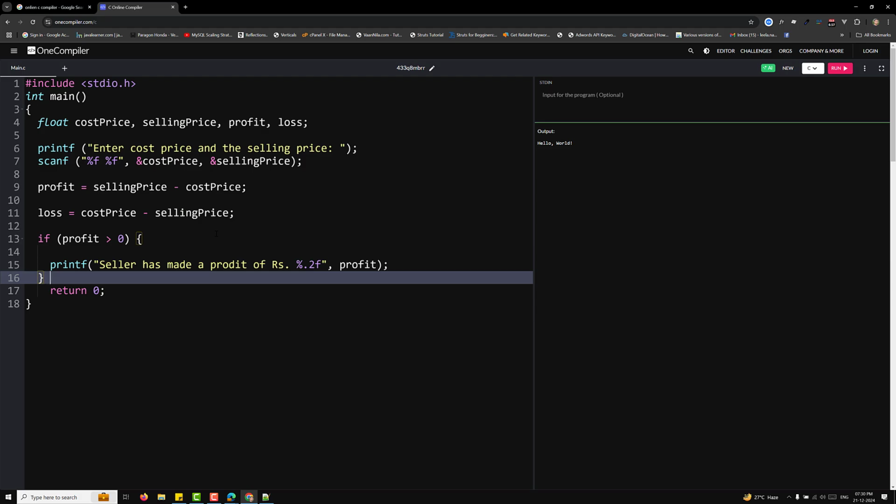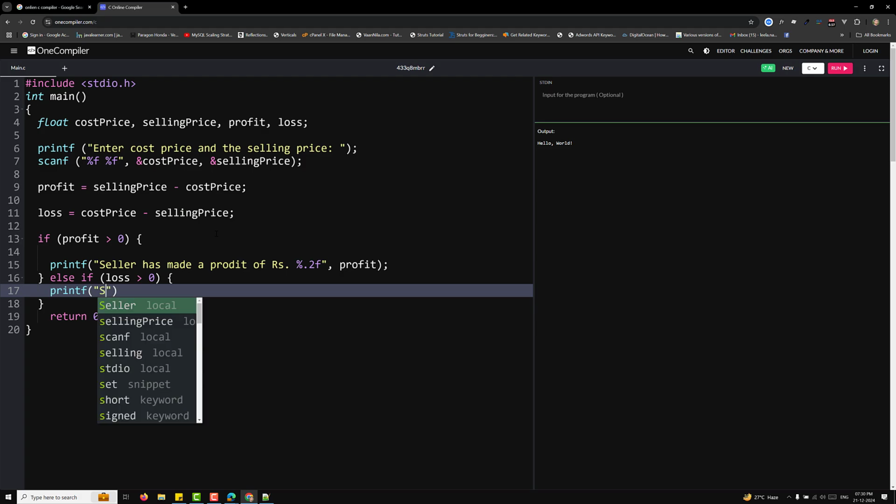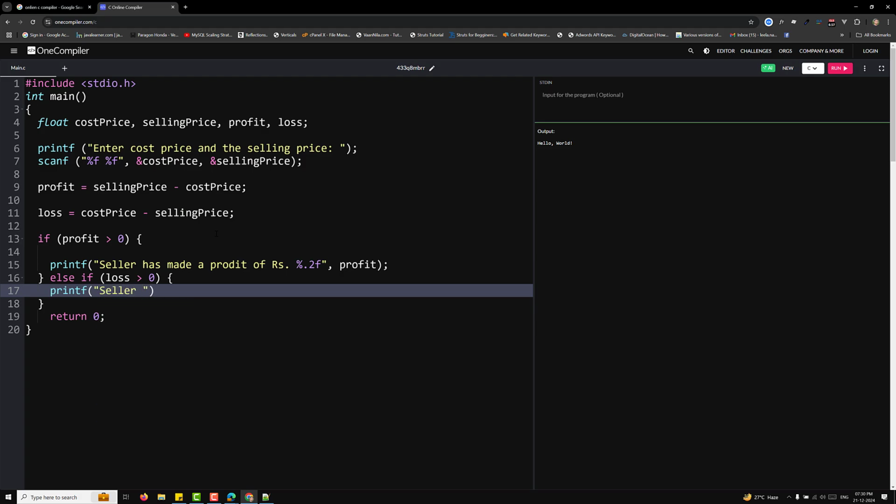Else if loss is greater than 0, then printf "Seller has made a loss of rupees percentage 0.2f", and here it will be loss.